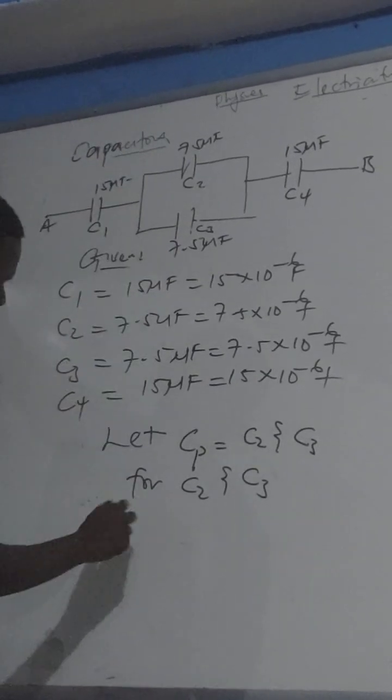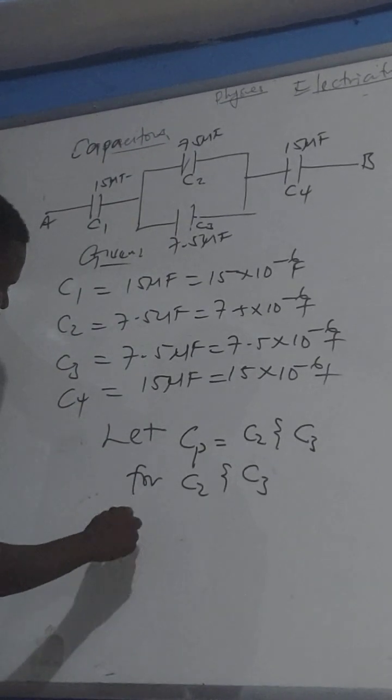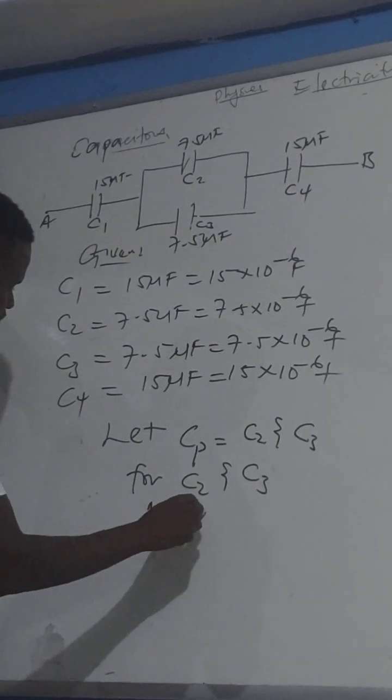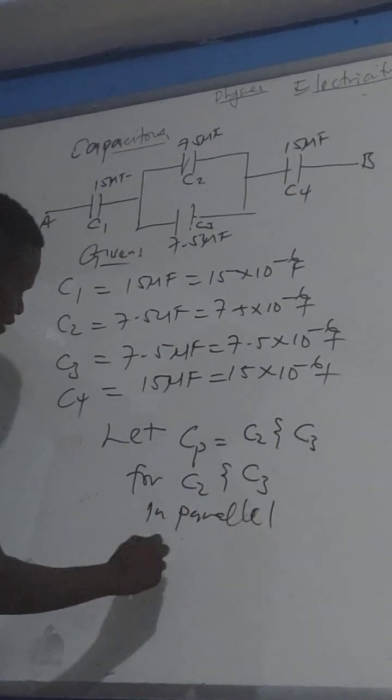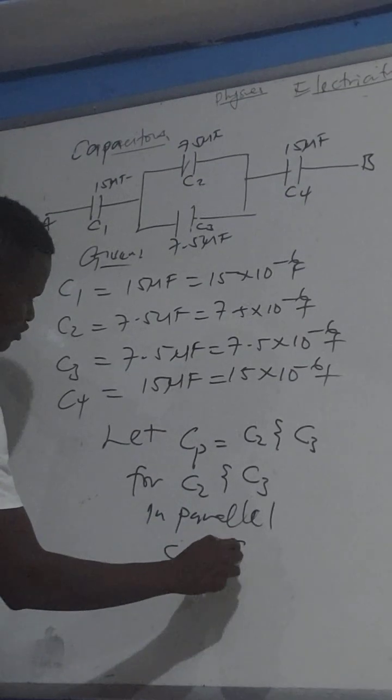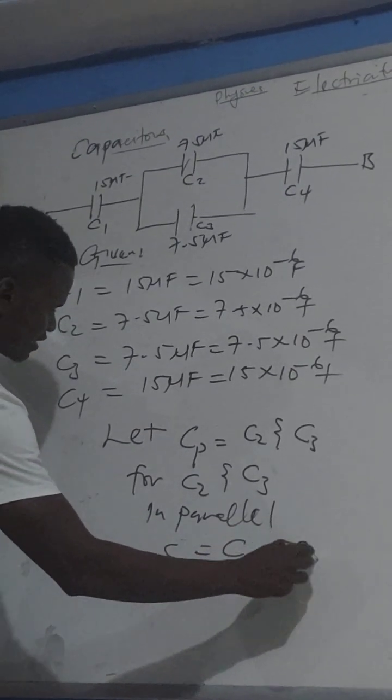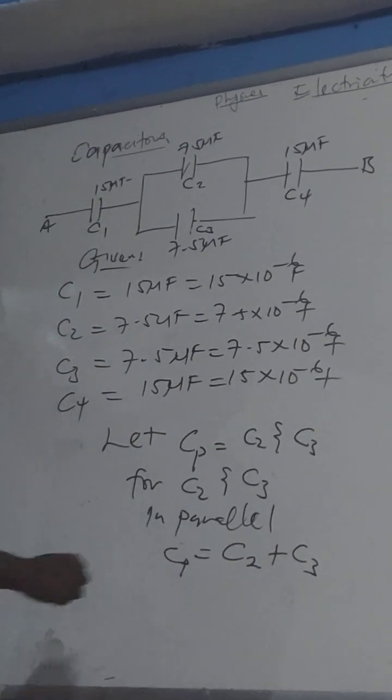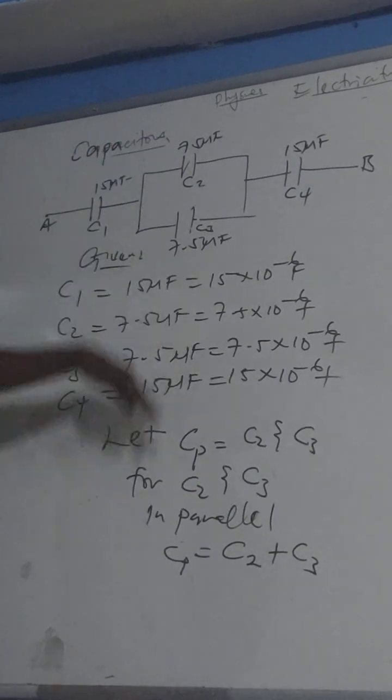What is the formula for capacitors in parallel? We have C equals C2 plus C3. That is CP. For parallel, you just add the two.